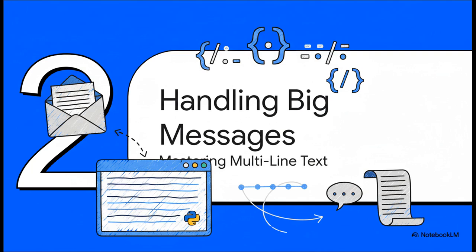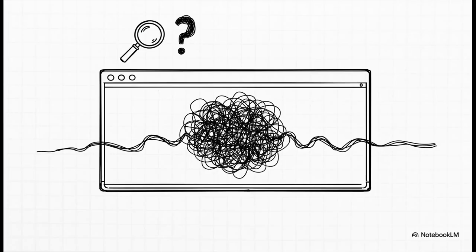So personalized greetings are great, but what about bigger messages? How do we handle longer chunks of text, like a paragraph in an email, without our code turning into a complete and total mess? I'm sure you've seen this. If you try to cram a long paragraph onto a single line, your code just becomes this unreadable nightmare. It's tough to read, it's a pain to edit, and frankly, it just looks awful.